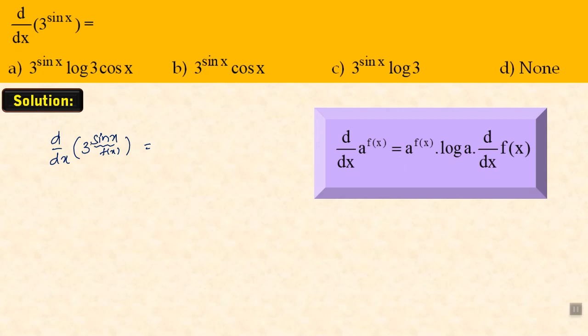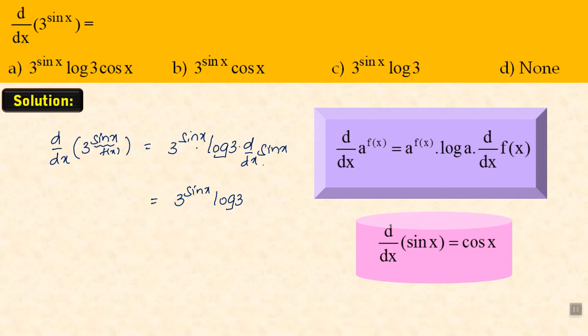Here a is 3, so 3 power sin x into log 3, into d by dx of f of x, that is sin x. This equals to 3 power sin x into log 3, d by dx of sin x is cos x. Therefore, the answer is option A.